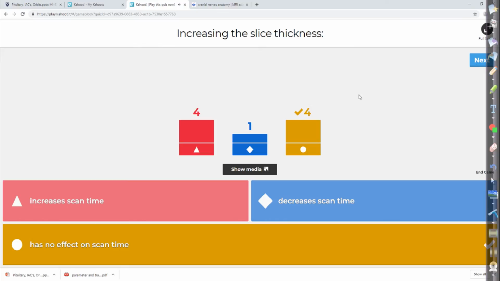No effect. Number of slices, part of the 3D scan time equation, not slice thickness.